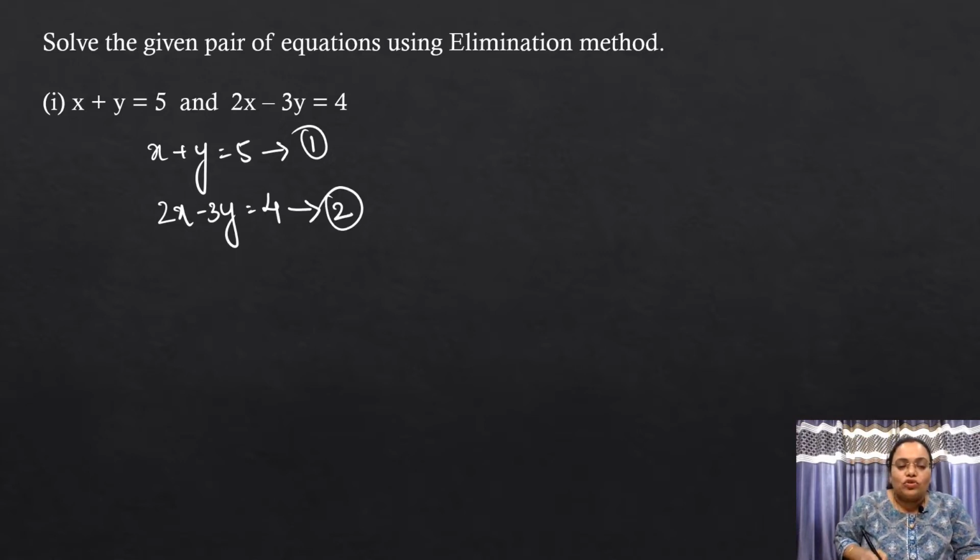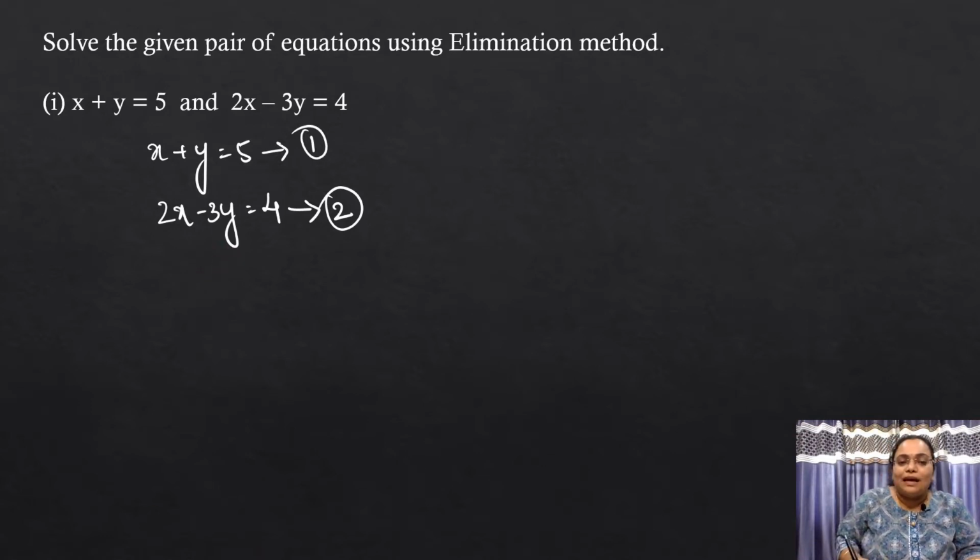First we need to eliminate a variable. I want to eliminate the x variable. If you want, you can also eliminate the y variable, that is not a problem. I'm checking if the coefficients of the x variable are equal. They are not equal, so I have to make them equal.